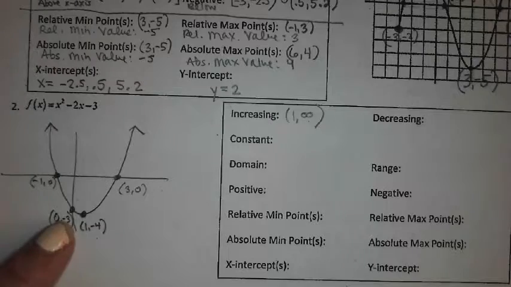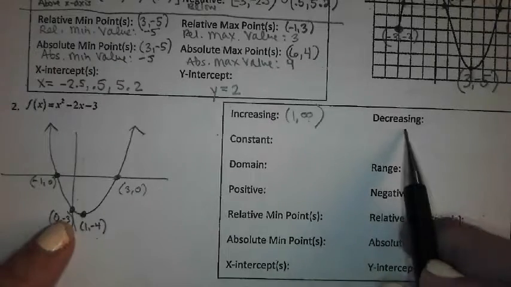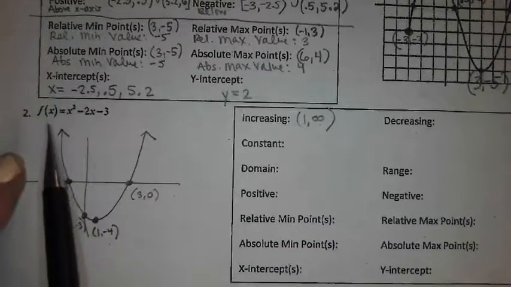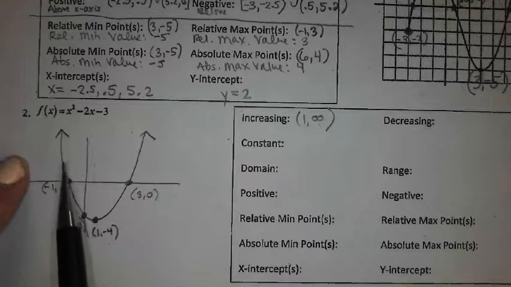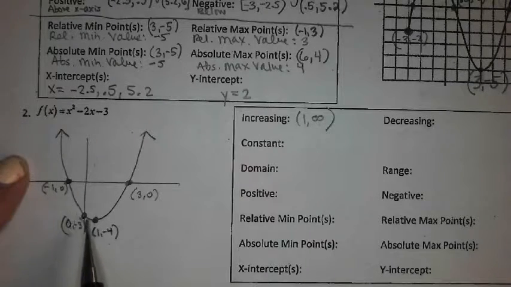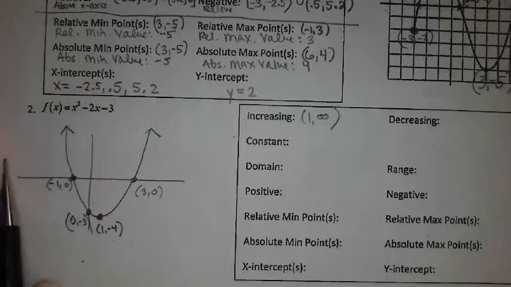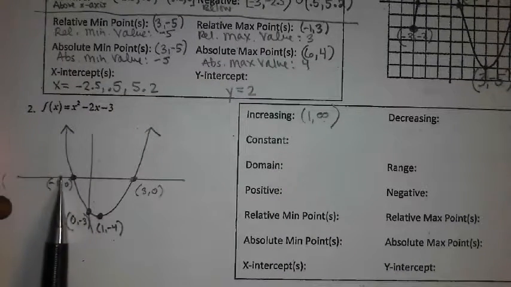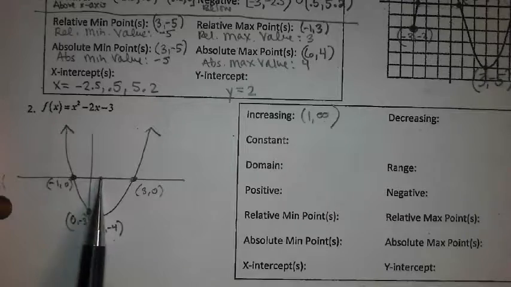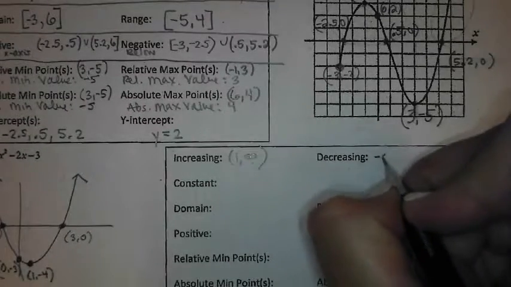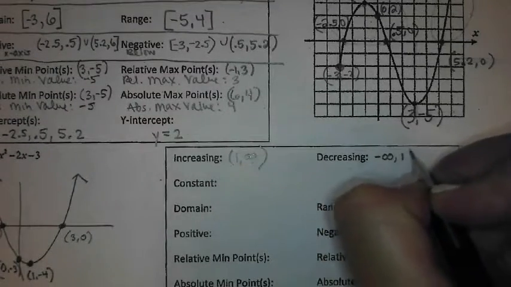Are we good with that? Okay. Decreasing. This has been decreasing the entire time, correct? So this has been decreasing from negative infinity on our x-axis all the way up until when? 1. So it's decreasing from negative infinity to 1.